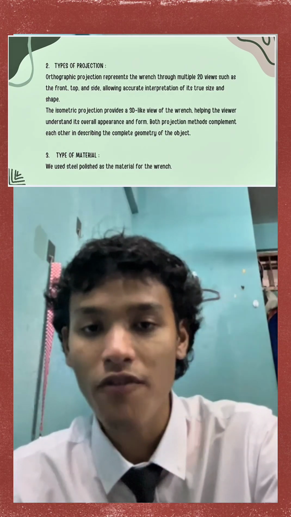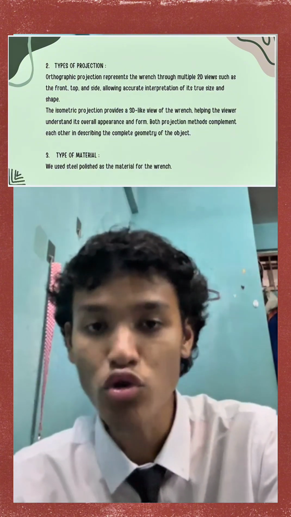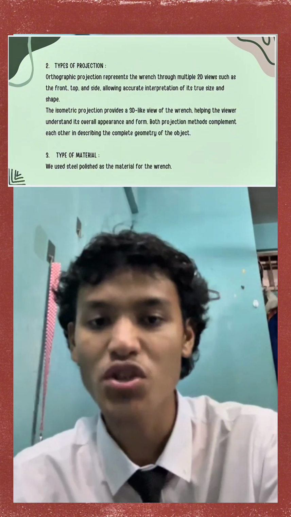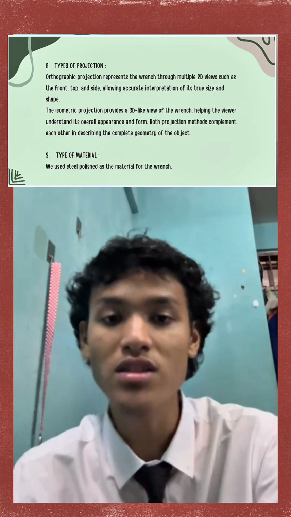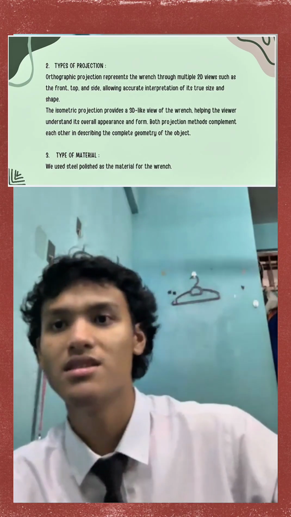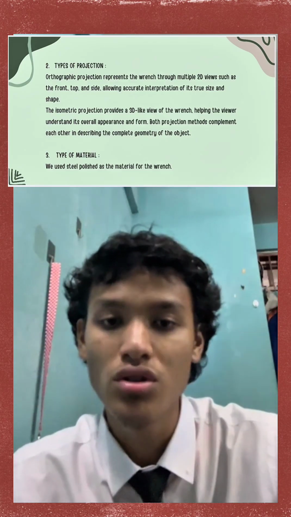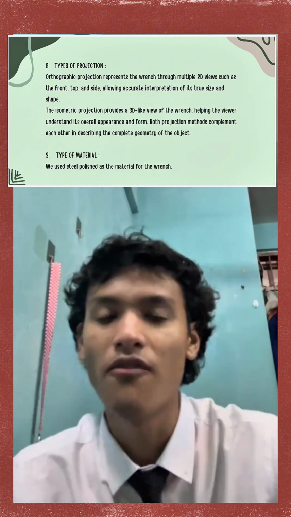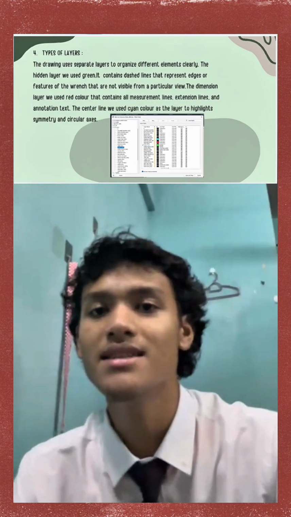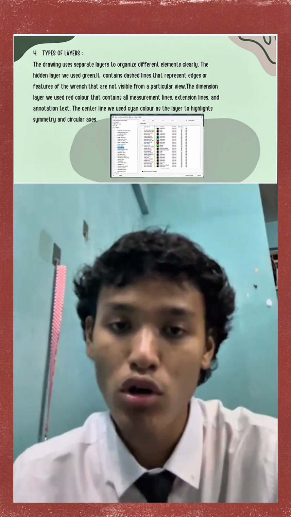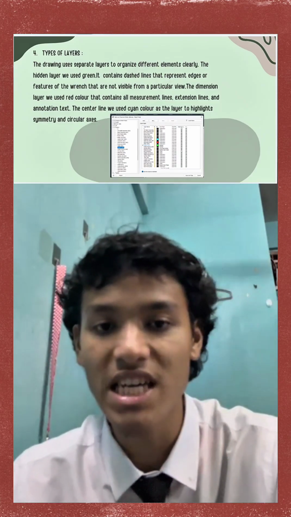Thirdly, type of material. In this project, we use polished steel as the material for the combination wrench. It is very strong, suitable, and durable for mechanical tasks. Other than that, we also put some layers in this drawing.